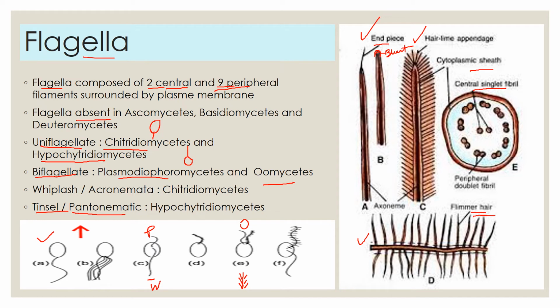So if the end piece is present, the whiplash flagellum is pointed, and if it is not, then it is blunt. Whiplash flagellum is also called acronematic. I made a spelling mistake earlier; it is acronematic. Pantonematic and acronematic are the two types of flagellation.